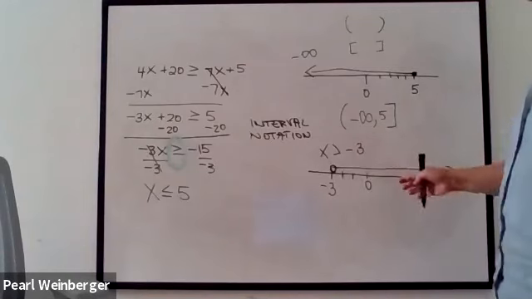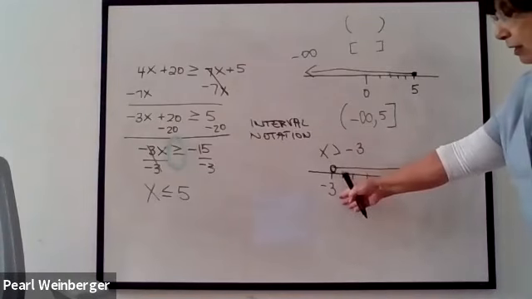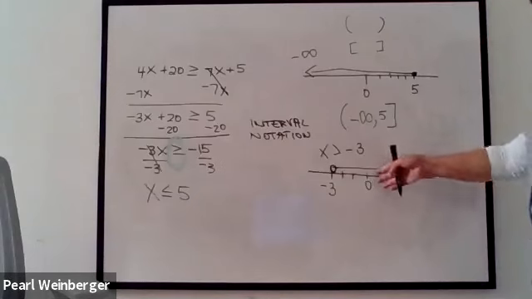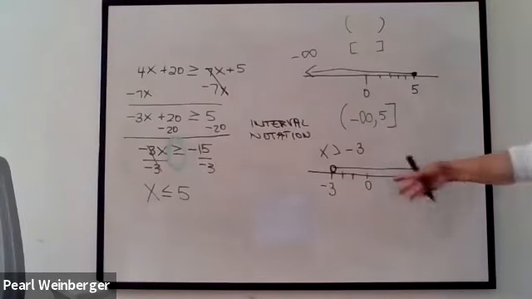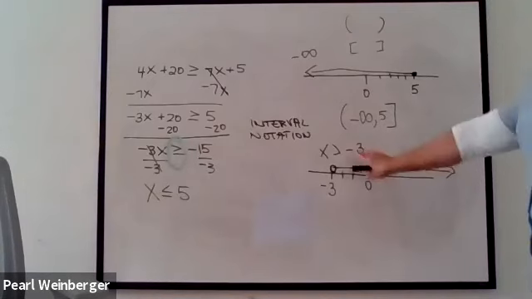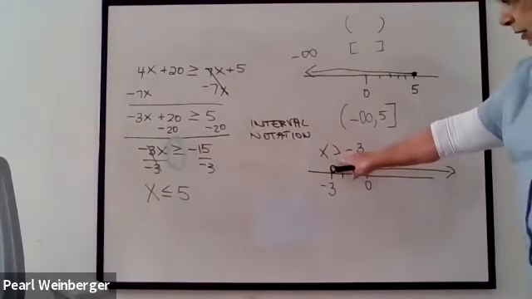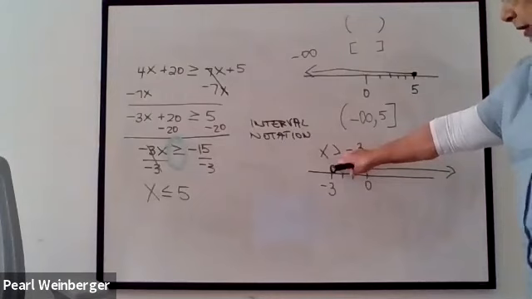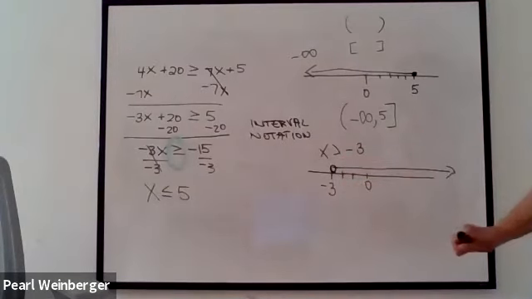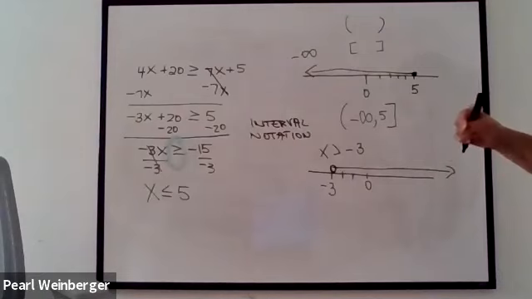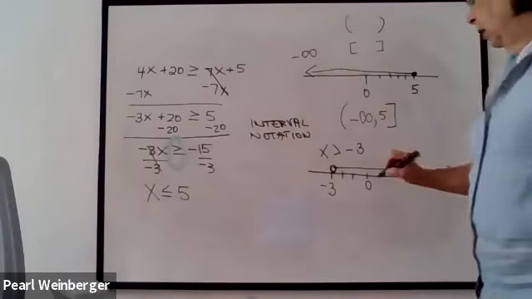X greater than negative 3 means any number that's bigger than negative 3. And of course, it includes all the positive numbers because any positive number is greater than negative 3. That's how this looks as an inequality, and here's what it looks like on the number line. How does it look in interval notation?